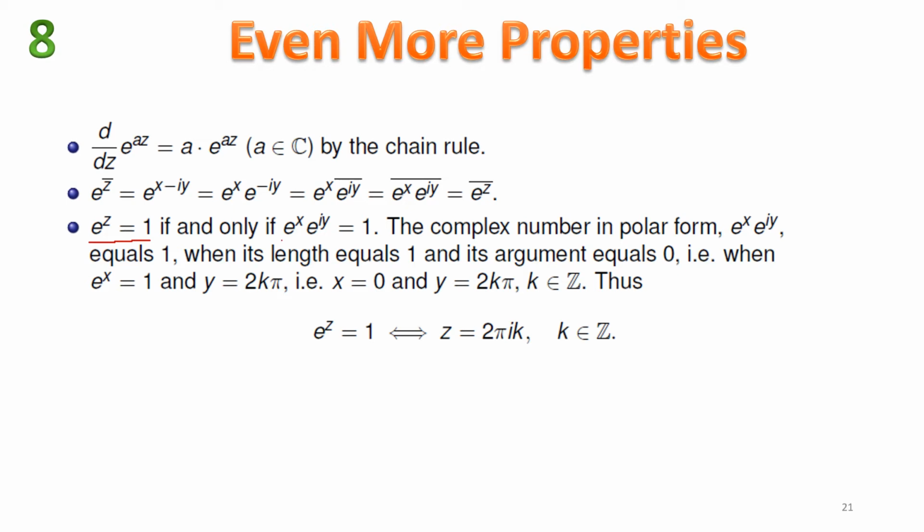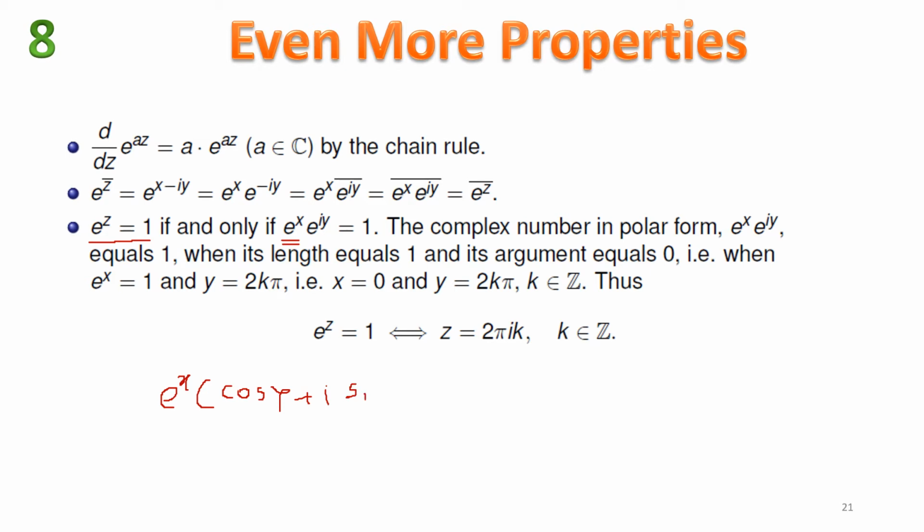So e to the x, this is the polar form of the complex number, and this is the radial part, and e to the iy means that the argument is y. So e to the x, inside the bracket we have cos of y plus i times sine of y.